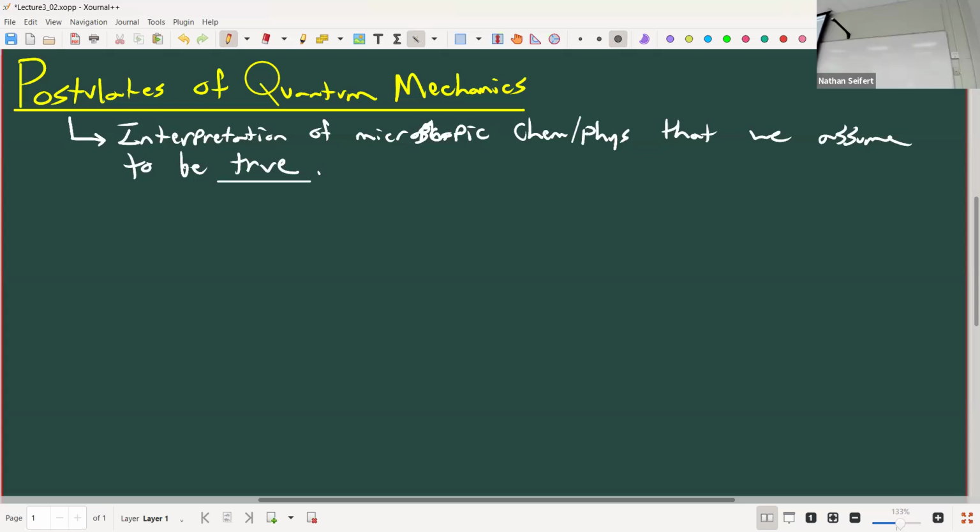So they're not really laws because it turns out there's different ways to interpret quantum mechanics. There's different frameworks, if you will, for thinking about things. For instance, we've been talking about this idea, right, of white and black electrons.